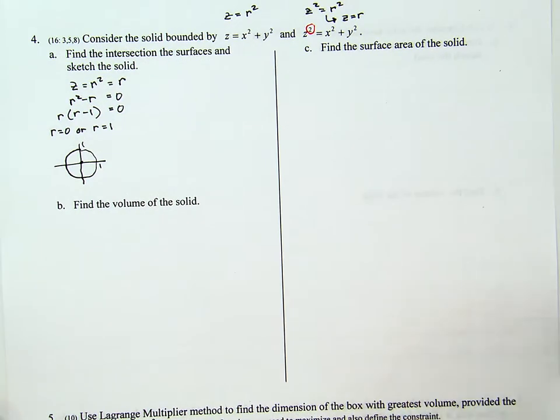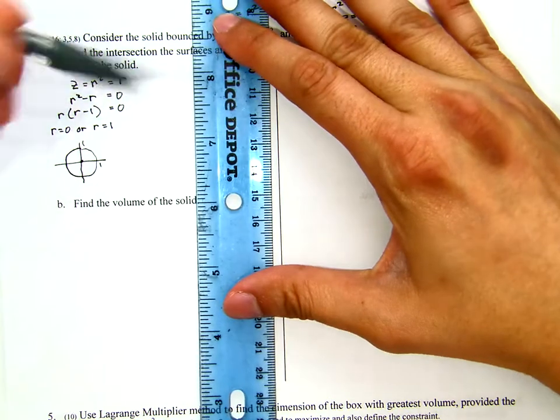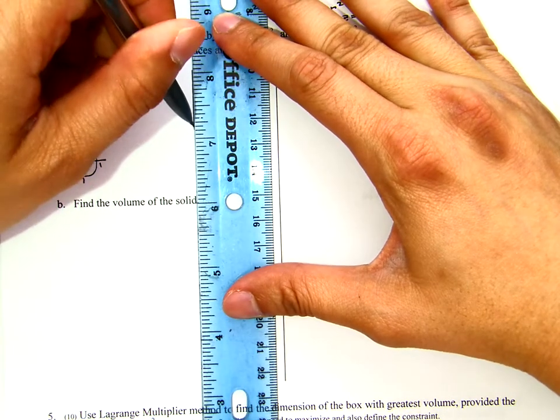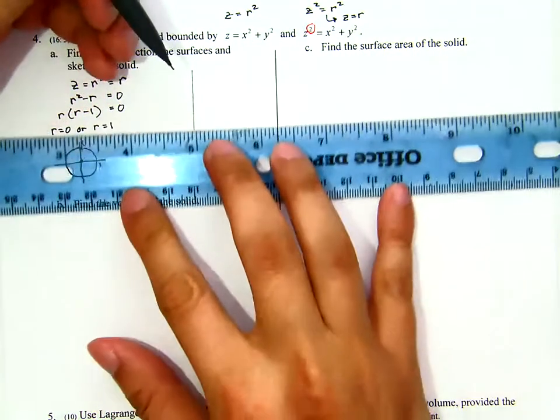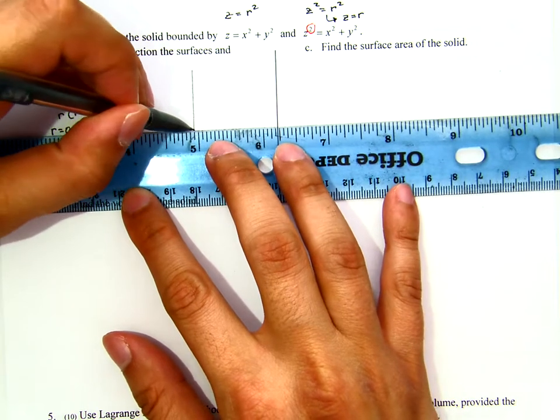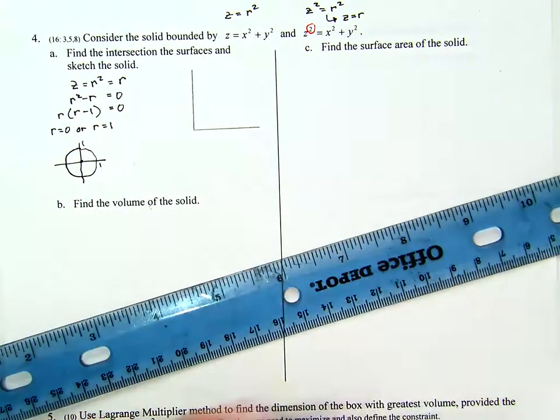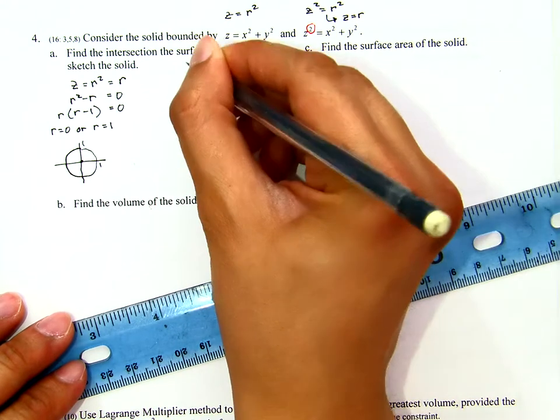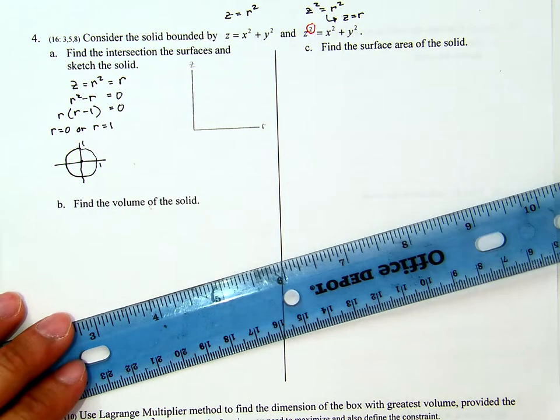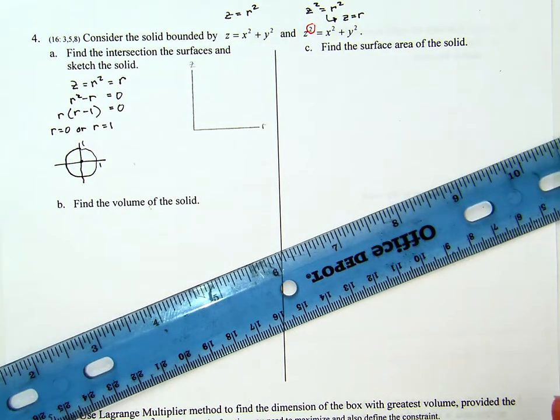I wonder if this will work better. I will start with looking at, let's say this is my r and this is my z. This is my technique of graphing it.